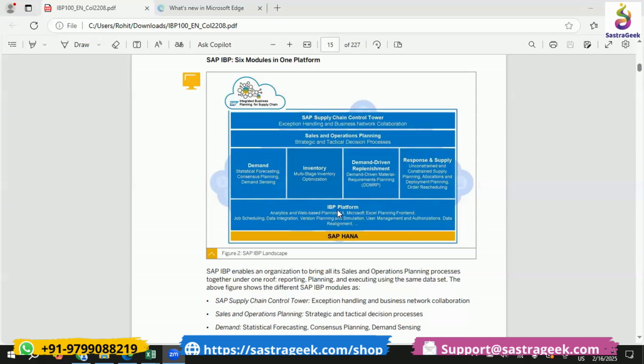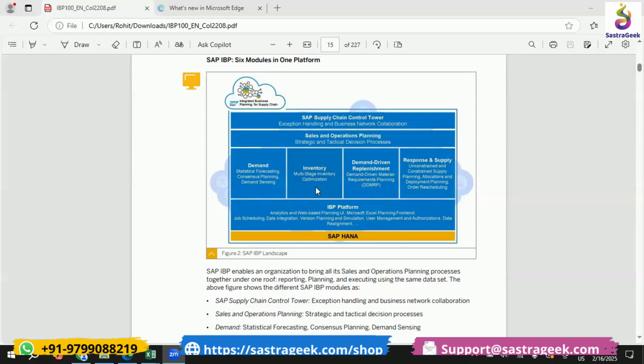If you look at the high-level IBP platform, we talked about the demand forecasting function, so we have IBP for demand. We talked about supply planning, so there is the response and supply function. When we were discussing supply planning, we also touched on a terminology called buffer inventory, which is nothing but safety stock.